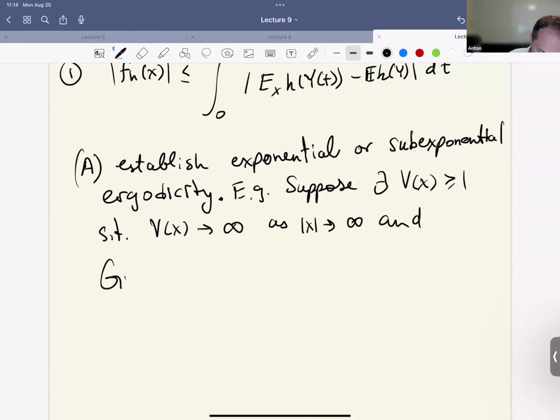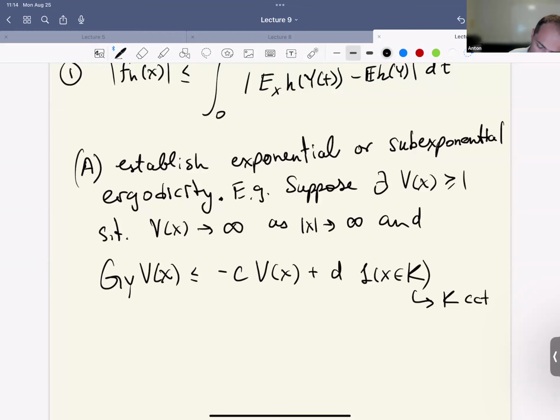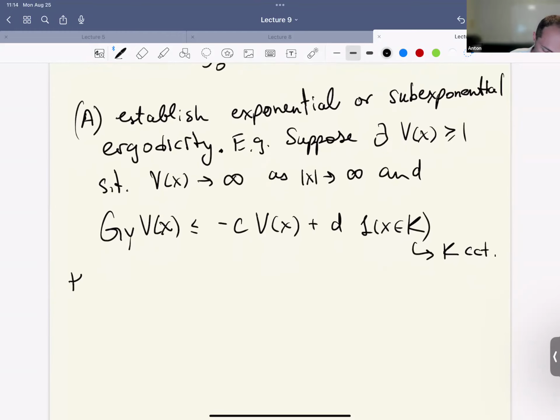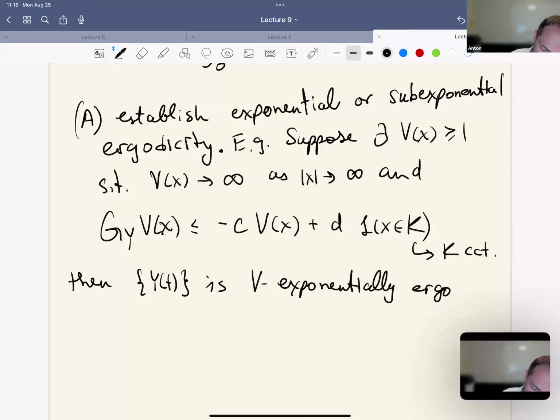And the diffusion generator applied to this function satisfies negative C V of x plus D indicator that we're in some compact set K. K is compact. Then the process is called V exponentially ergodic.